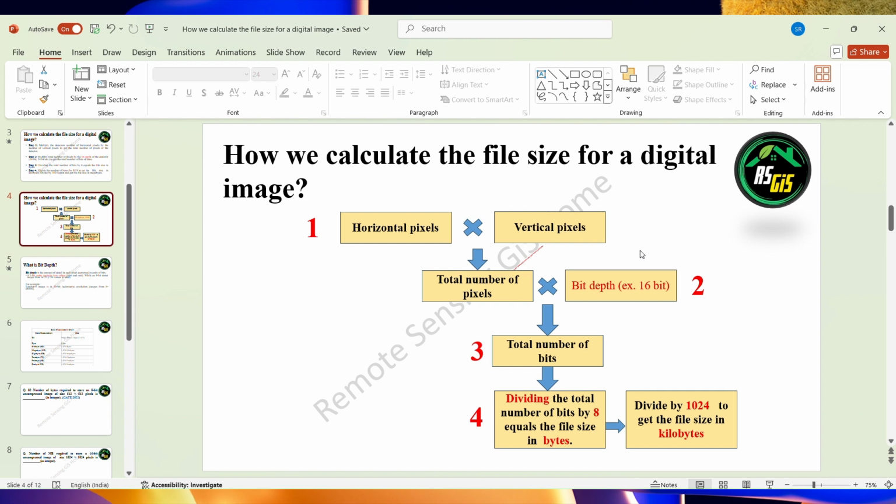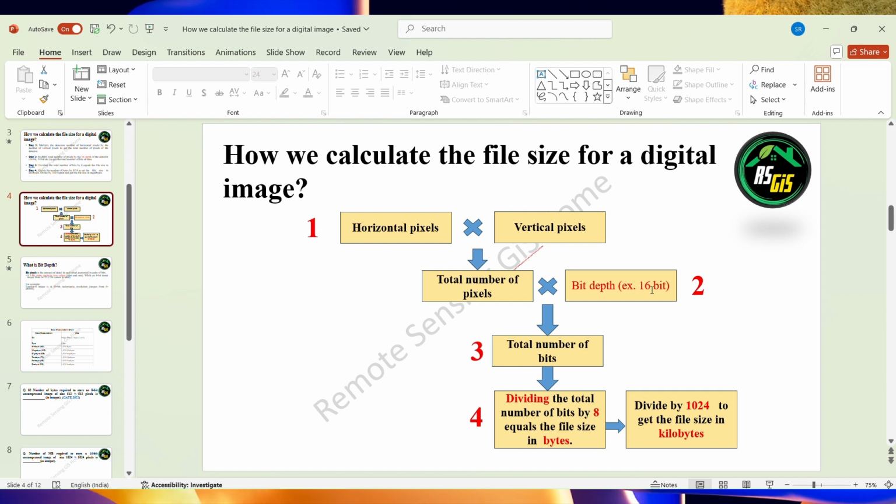So what do we do for calculating the size of a digital image? First, multiply the horizontal pixels by the vertical pixels. This gives the total number of pixels. Then multiply it by the bit depth, which can be 4 bit, 6 bit, or 16 bit, whatever value must be given in the question.